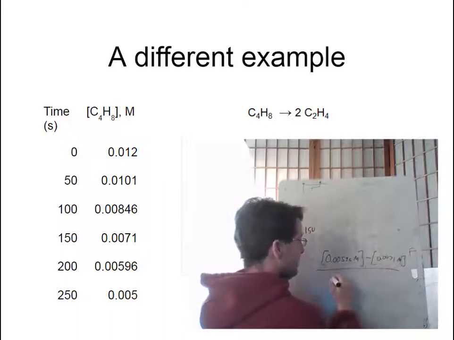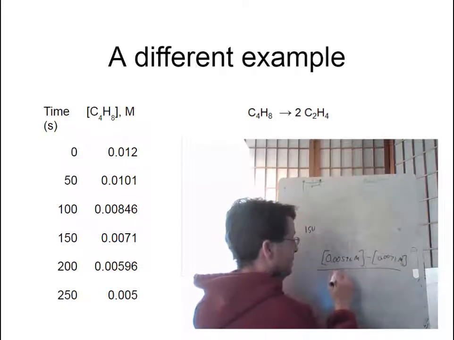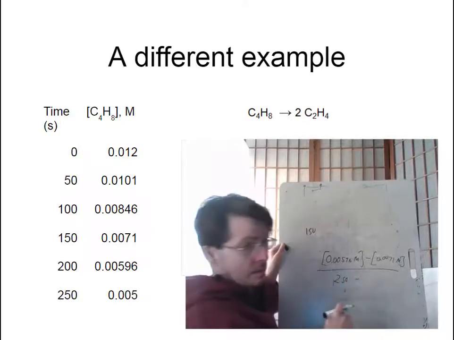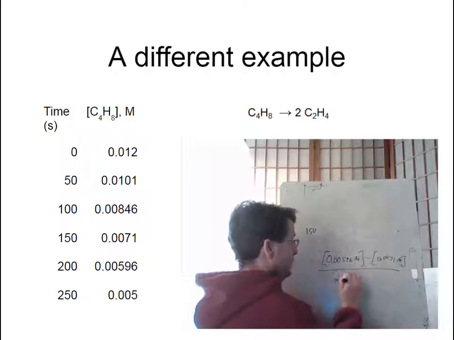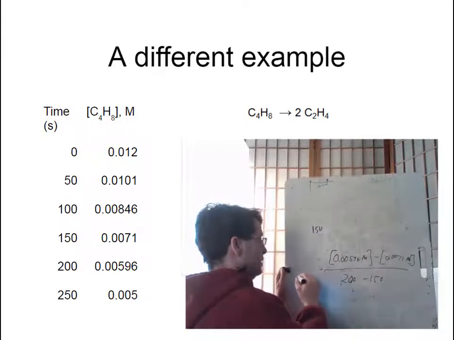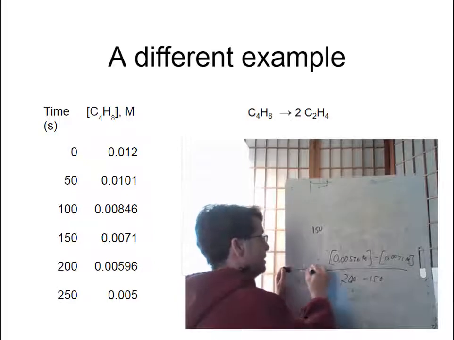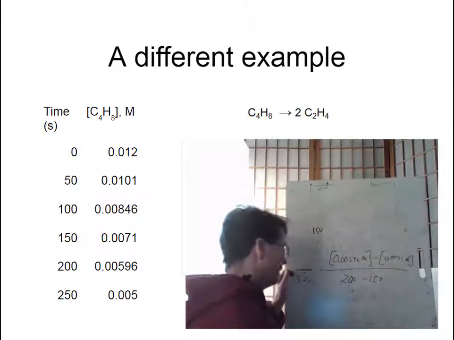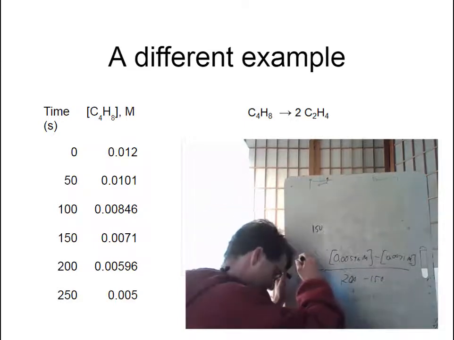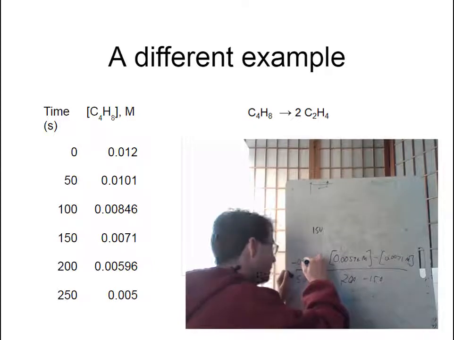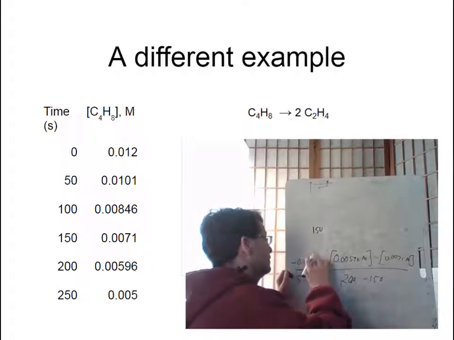And this is final minus initial, 200 minus 150, so this will give us 50 seconds, and the difference between these concentrations would be negative 0.00114 molar.